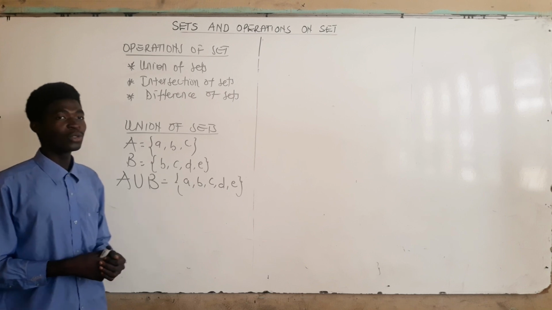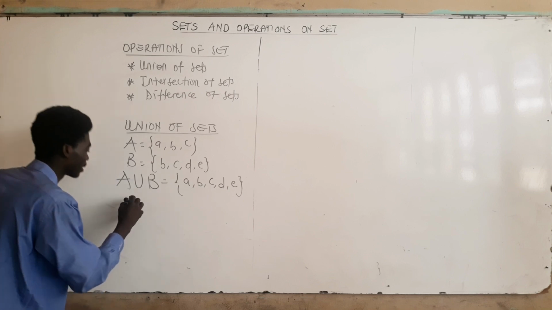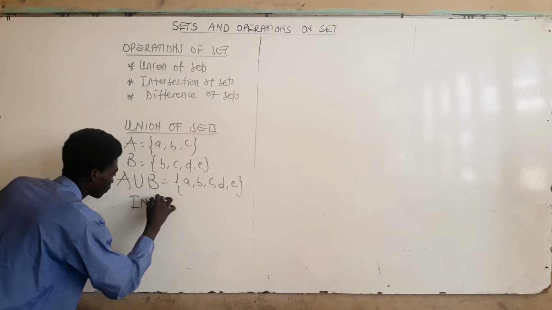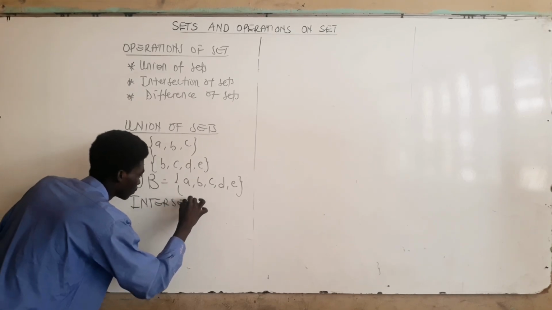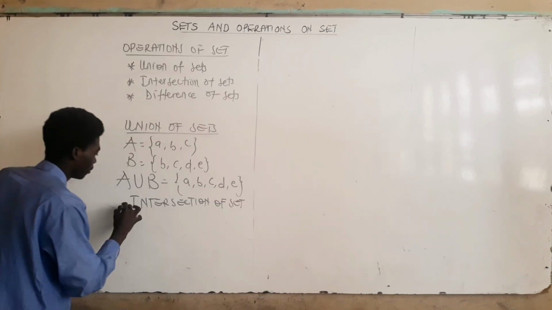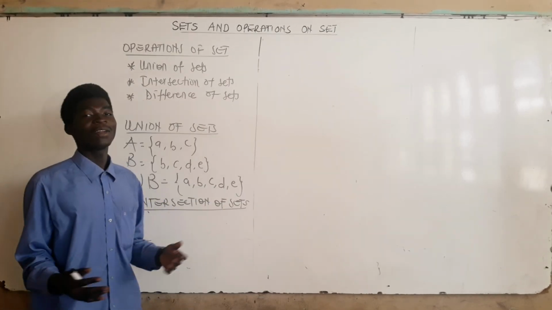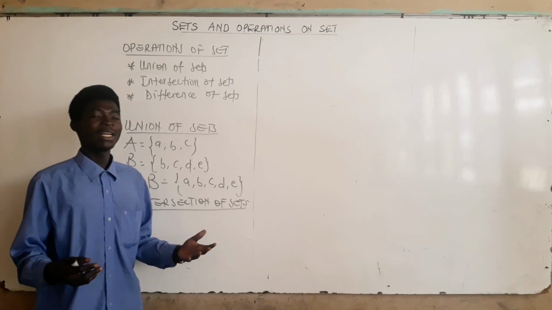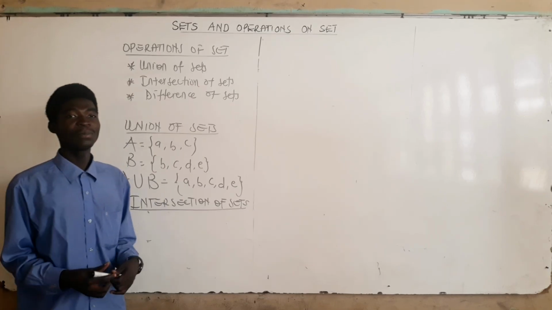Now let's move on to the intersection of sets. I'm going to explain this with an example.